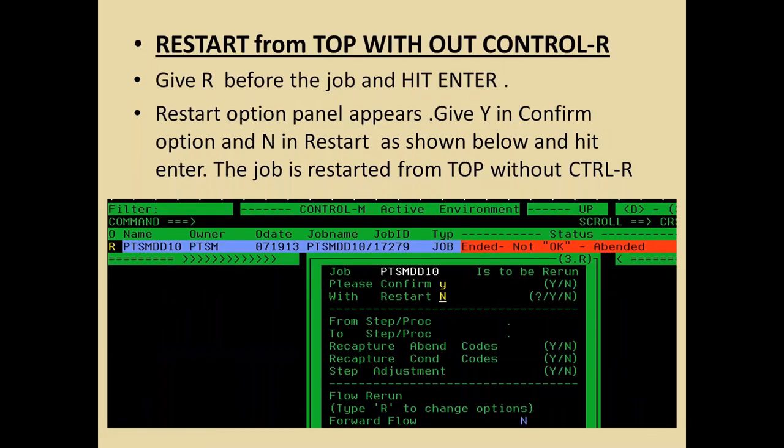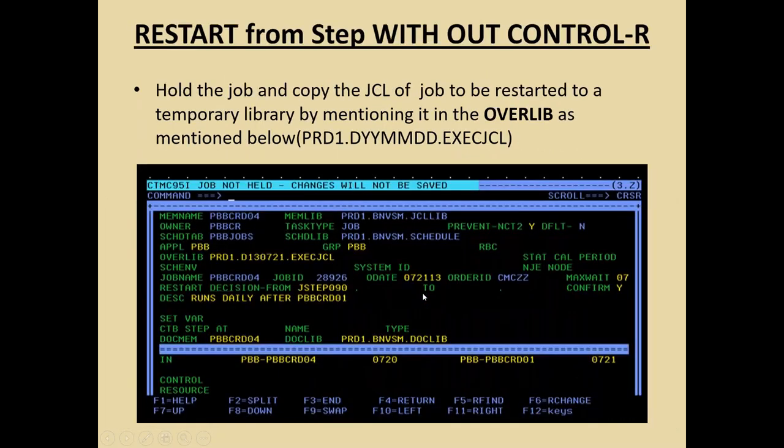Okay, restart without Control M, that is without using this panel Y comma N. How you will do is, the JCL which you want to restart, you copy it in a temporary library, and that library you place in place of your application override library. By default, there will be an override library given by application teams.